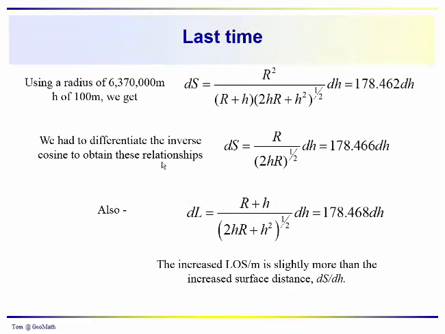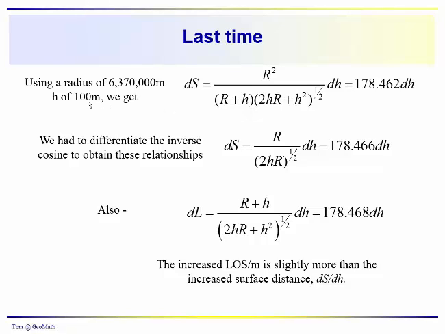Just a reminder from the last time we went through this derivation in order to get the arc length. The incremental arc length associated with an incremental height: arc length was the distance out along the surface from a point directly beneath a point of observation at some elevation.